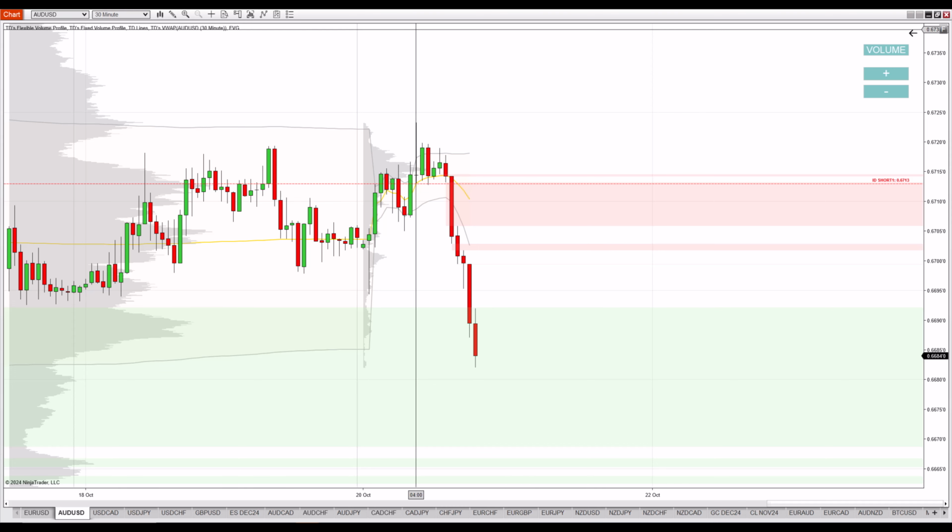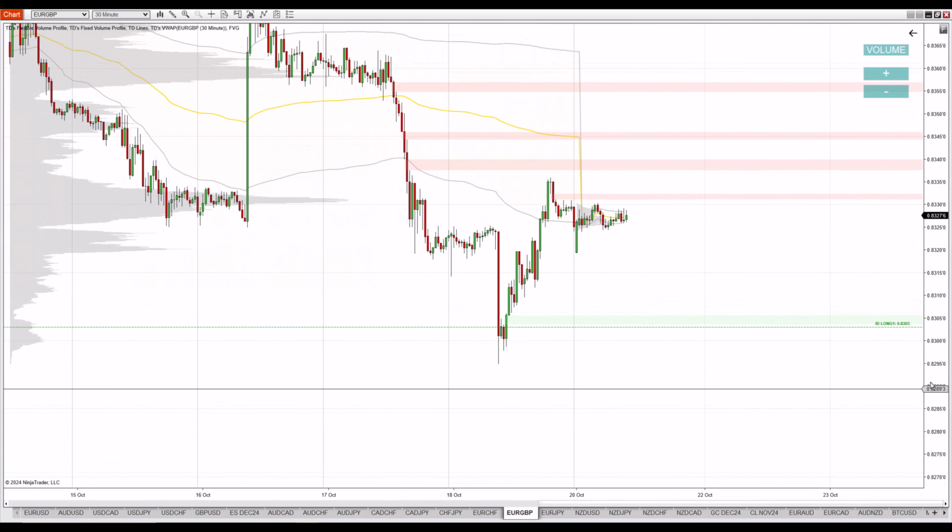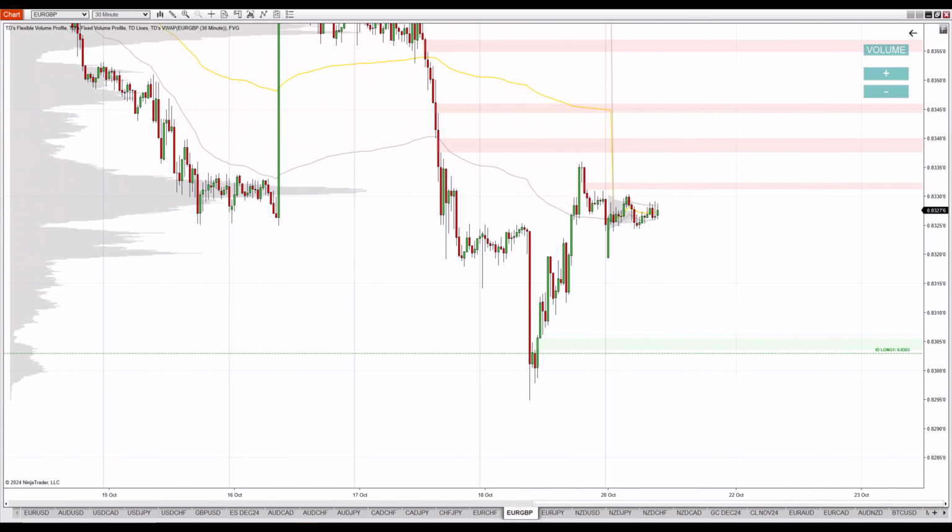Let's now switch over to the next trading idea, and the next one will be on the Euro British Pound. Here is a 30-minute chart of the Euro British Pound, and what caught my eye here was this strong reversal.